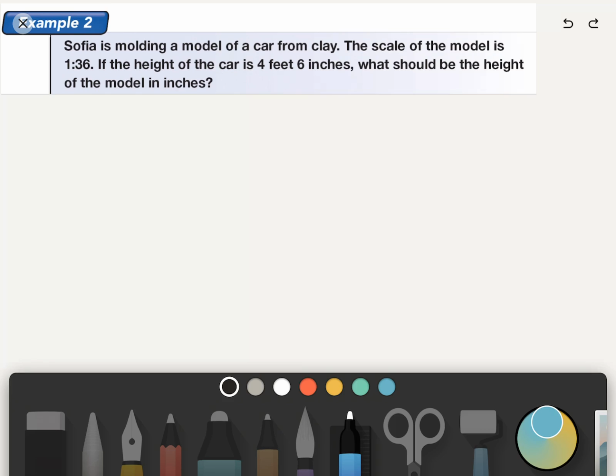The scale of the model is 1 to 36. So say 1 inch on the smaller one translates to 36 inches on the larger one. If the height of the car is 4 feet 6 inches, then what should be the height of the model in inches?